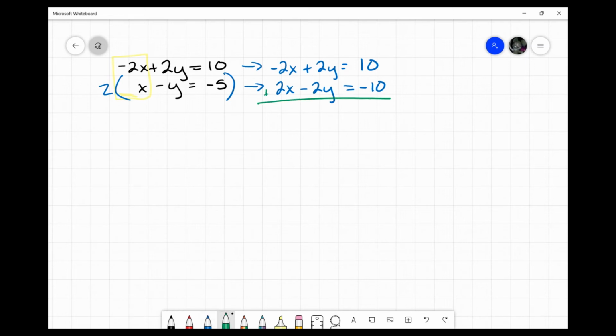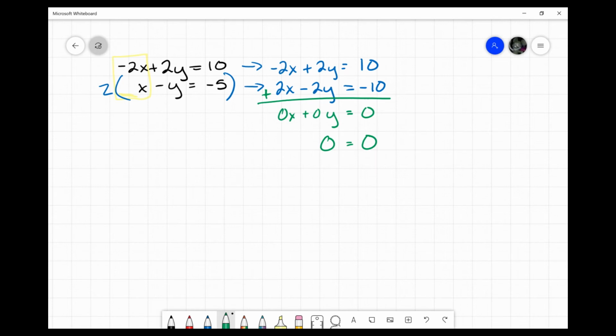Negative 2x plus positive 2x is 0x. Positive 2y minus 2y is 0y. And 10 take away 10 is 0. So I have no x's and no y's, so I have 0 on the left, and 10 take away 10 was 0 on the right. 0 equals 0. I have no variables.